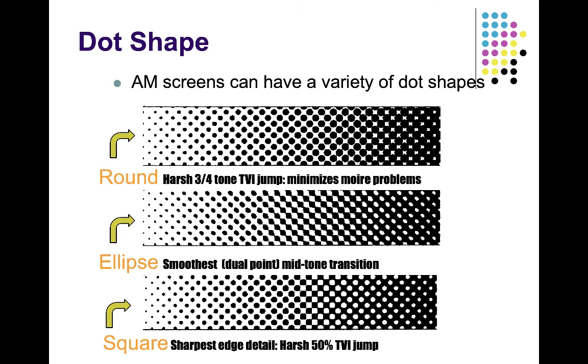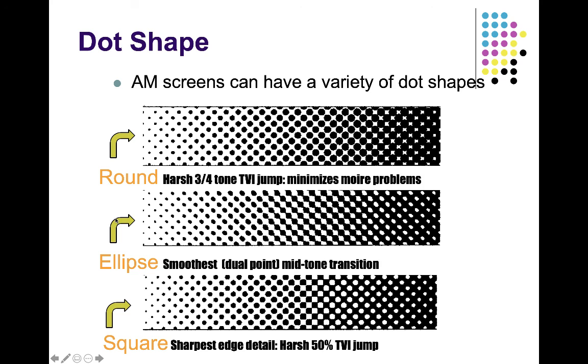Finally, we have dot shape, which refers only to AM screening. Note that with round dots, all of the dots connect in the three-quarter tone simultaneously, right about this area here. That creates a rough tonal jump that creates an unpleasant line in the three-quarter tones. The same thing happens in the square area, where all four corners meet simultaneously, creating dot gain that results in a sharp, harsh tonal jump.